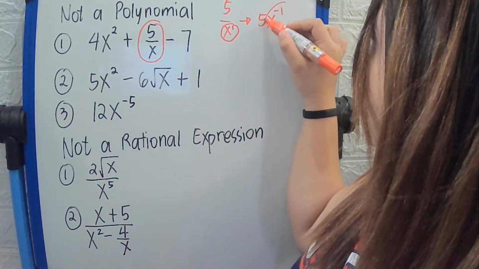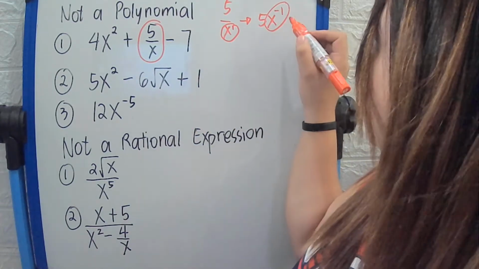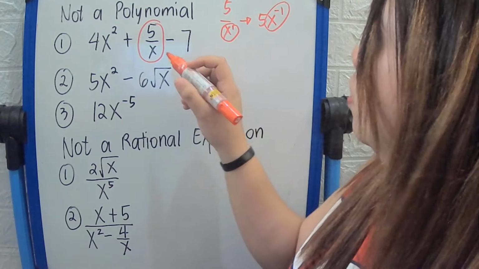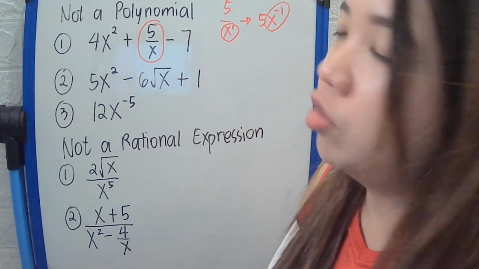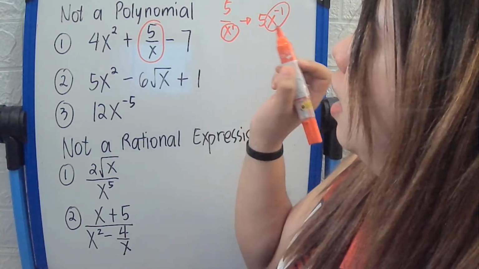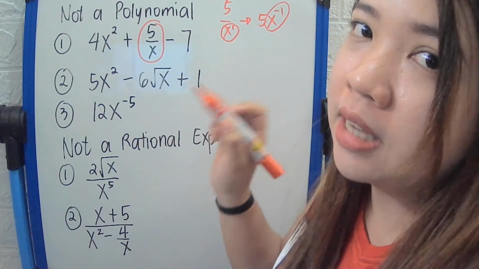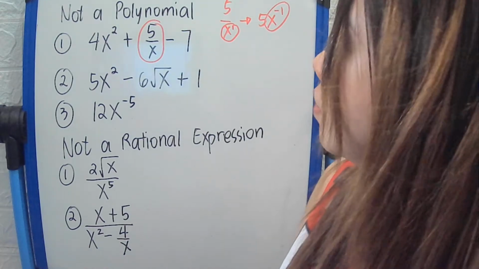So if you have a negative exponent, this variable will be in the denominator. So that is one of the restrictions. So again, a variable cannot be in the denominator because it has a negative exponent.